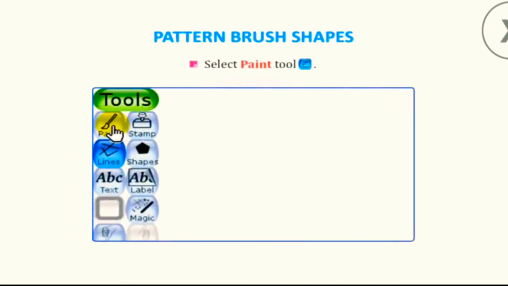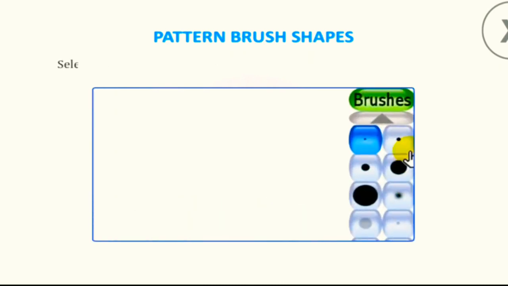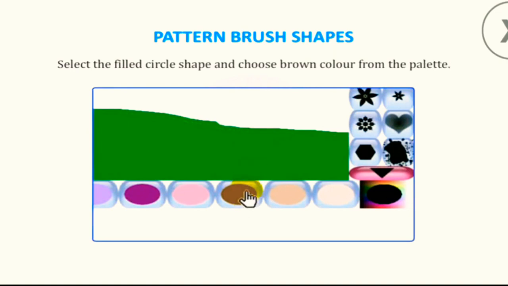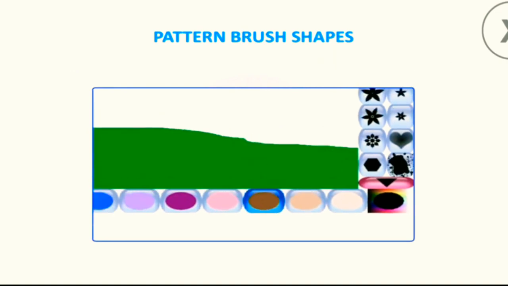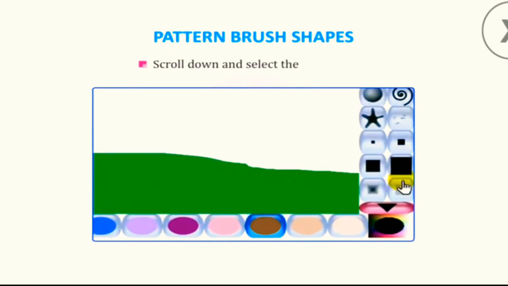Select Paint tool. Now you will see the brushes sub-toolbox on the right-hand side. Select the filled circle shape and choose brown color from the palette. Draw the stem of a tree. Scroll down and select the vine shape.